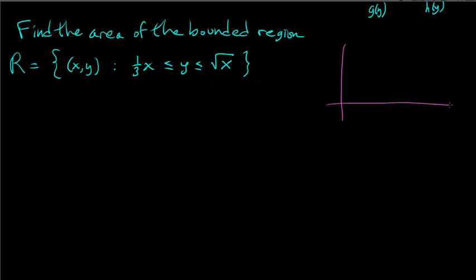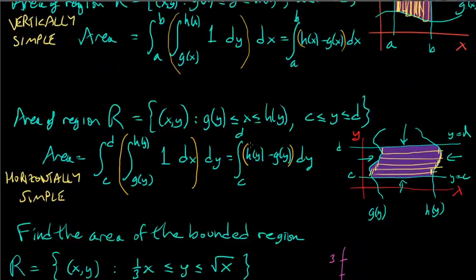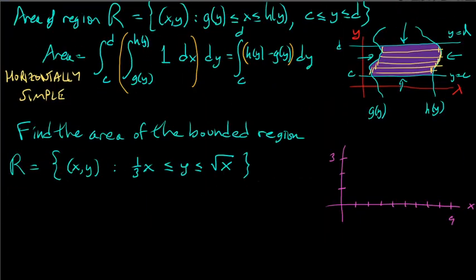So here's the y-axis, here's the x-axis. We know we're going to 9: 1, 2, 3, 4, 5, 6, 7, 8, 9. We're going up 1, 2, 3. So the square root of x was the top curve. That was the purple curve. Okay, I guess I'll use blue this time then. So that was the square root of x.